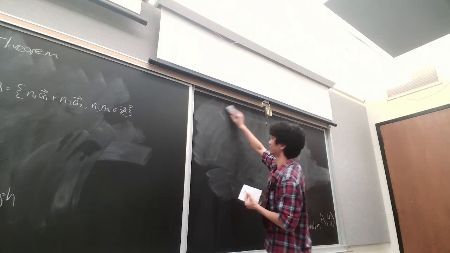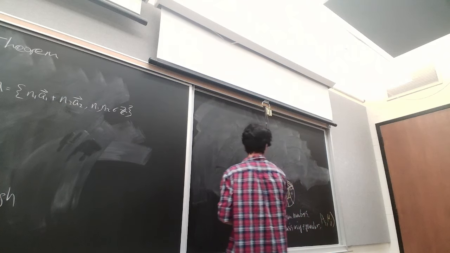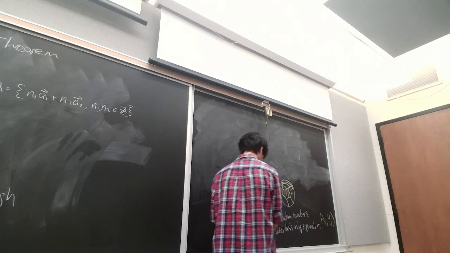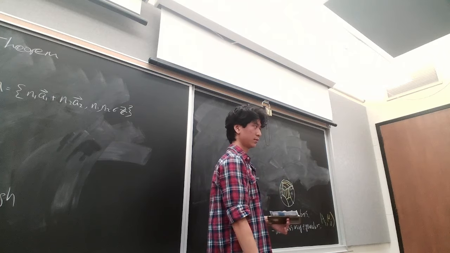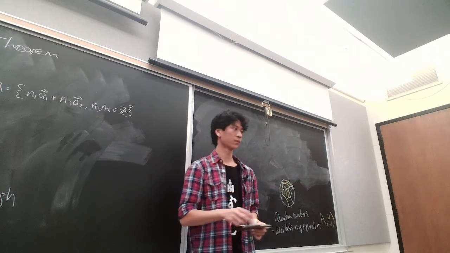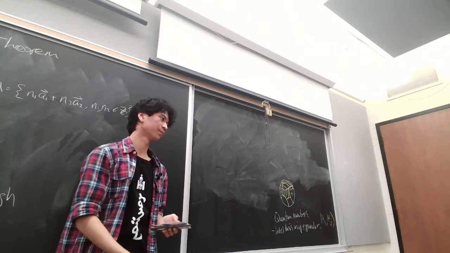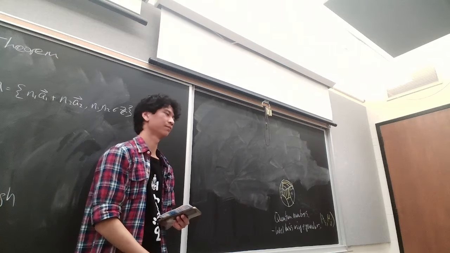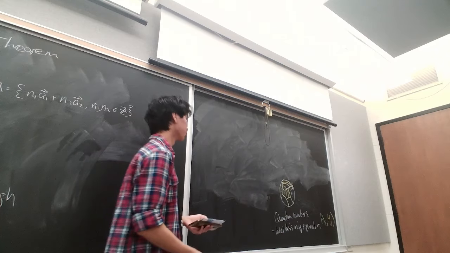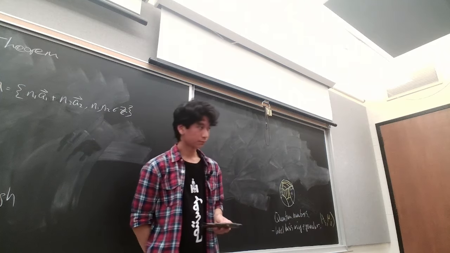While I'm erasing, maybe let's first recall the state space is the space of L2 functions, right? Or nice enough wave functions, sure, on each cell, kind of. No, this can be on the entirety of space. But we assume periodic boundary conditions, or we assume that the crystal is arbitrarily large, whichever one you like.